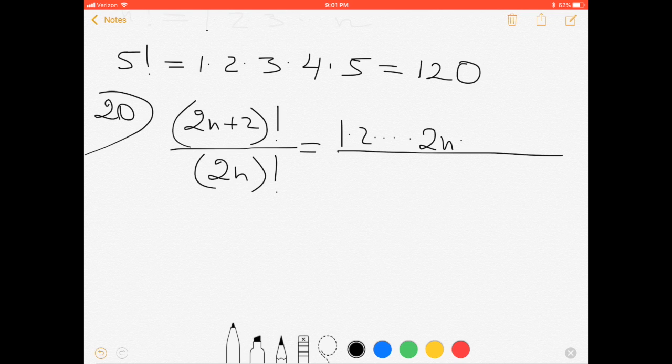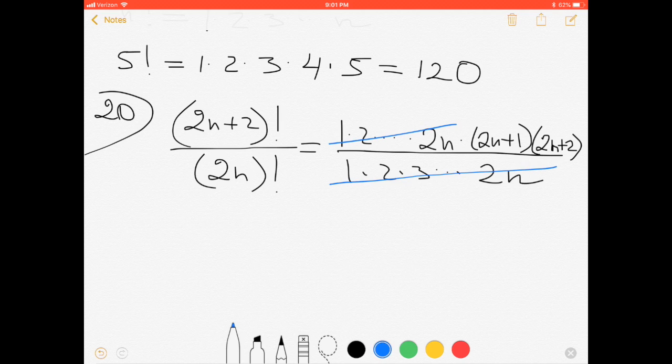What will be the next number? It will be 2n plus 1. And the last number is 2n plus 2. What you know about our denominator is 1, 2, 3, and continue until 2n. If we cancel, this cancels all of this, and this means you have (2n plus 1) times (2n plus 2).